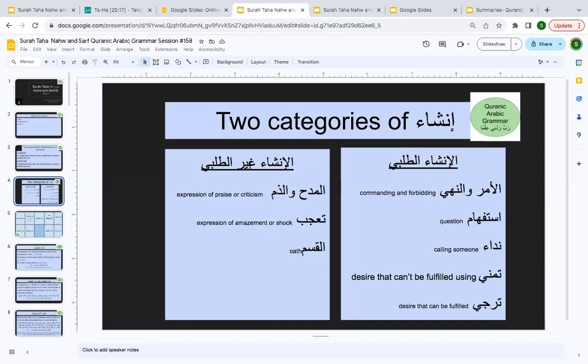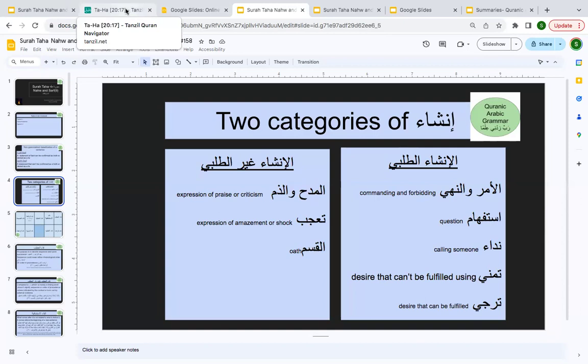When you are praising someone or something, or criticizing someone, that kind of sentence cannot be called true or false. Yes or no? For example, in the Quran, you see bi'sal masir, how bad it is, how evil it is as a place of return.